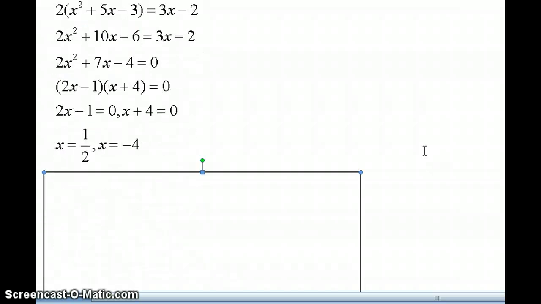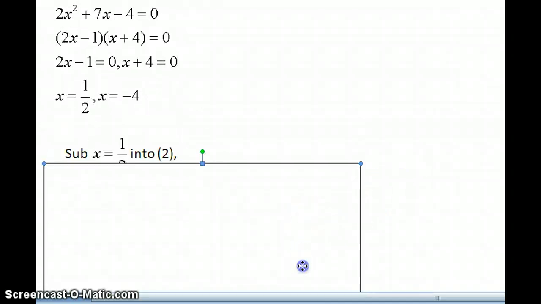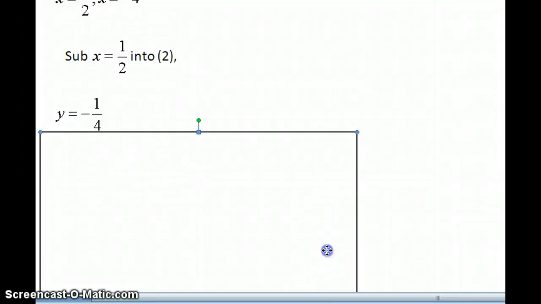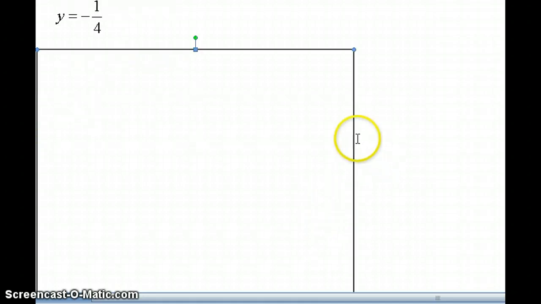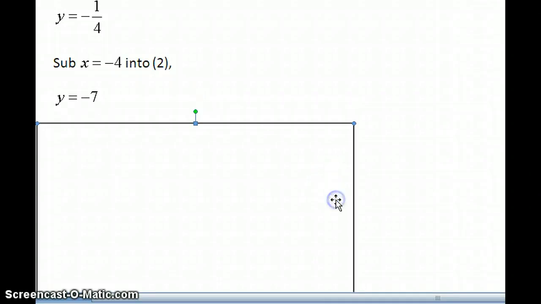So I will just substitute x equals 1/2 into equation 2, and I'll get the value of y equals -1/4. Similarly, substitute x equals -4 into equation 2, giving me y equals -7.